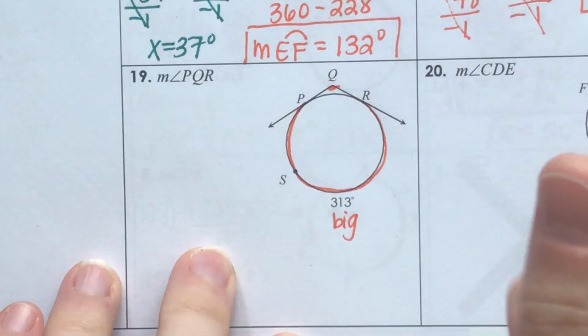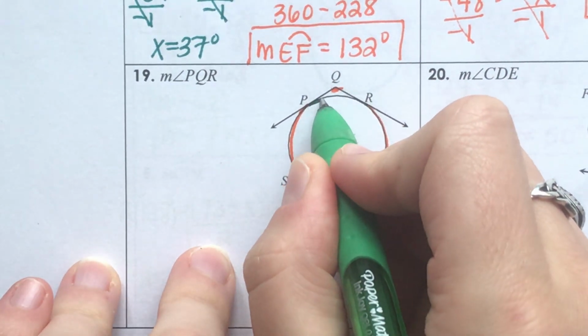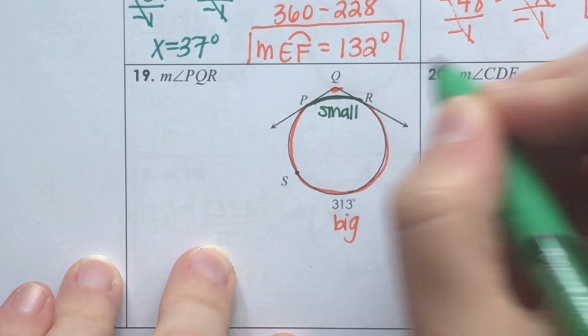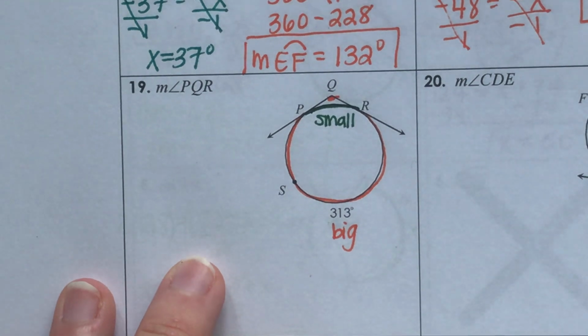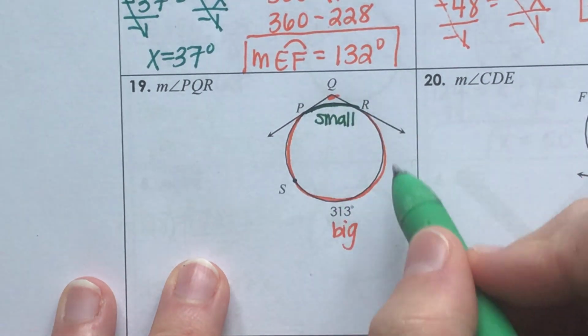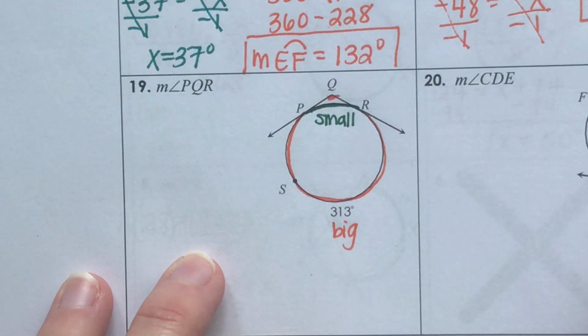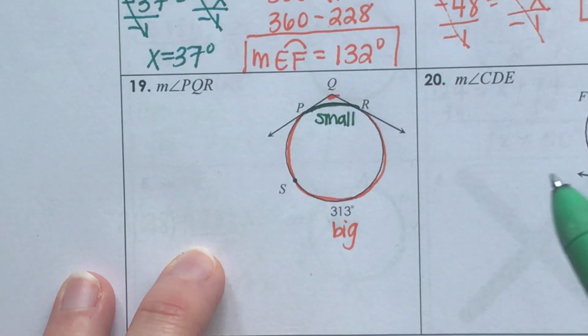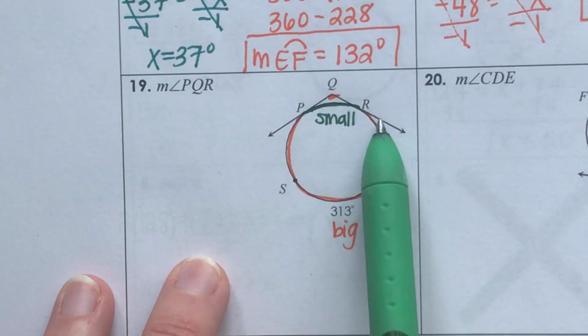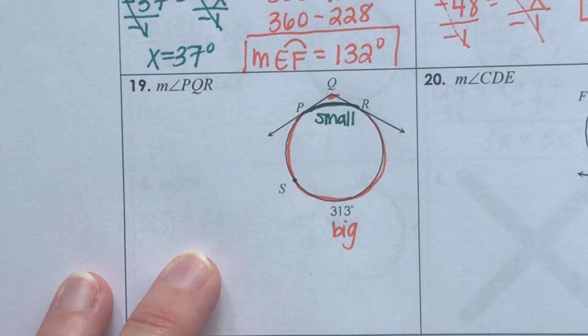Guess what though? To figure out what this small arc is right here, what I notice is if I put my green and my orange together, which by the way kind of looks like a pumpkin, doesn't it? It's like green on top and orange. Okay, whatever. If I put my big and my small together, I get a full circle. A full circle is 360 degrees.